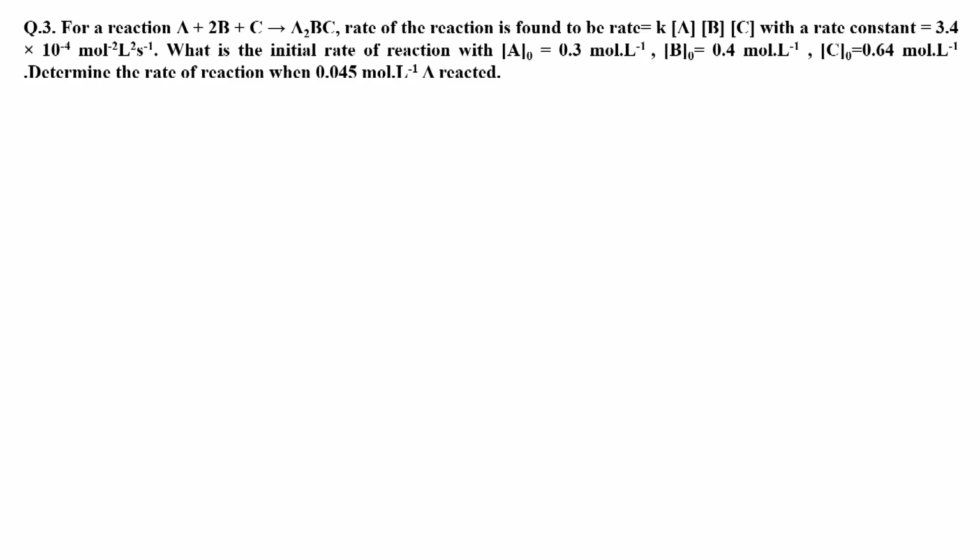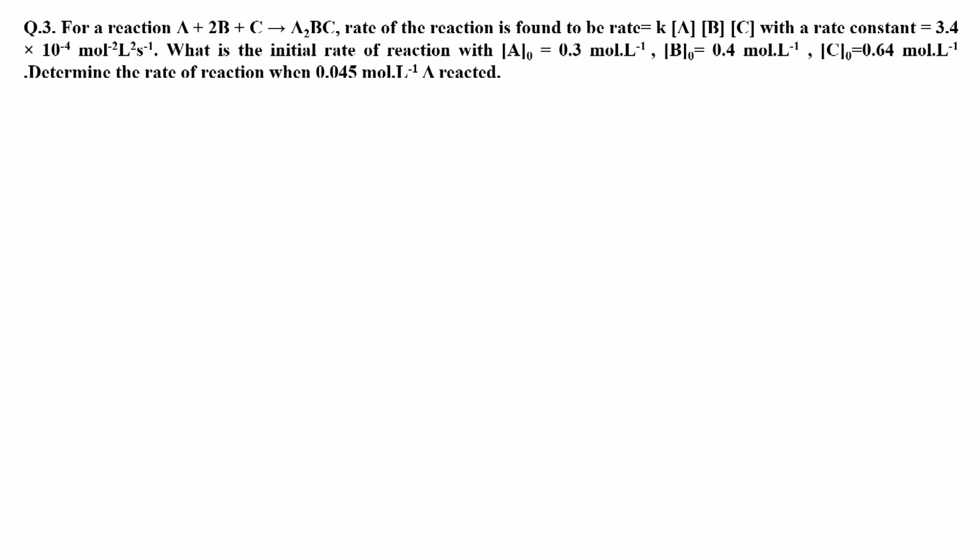What is the initial rate of reaction with concentration of A naught is 0.3 moles per liter, concentration of B naught is 0.4 moles per liter, and concentration of C naught is 0.64 moles per liter. Determine the rate of reaction when 0.045 moles per liter of A reacted.